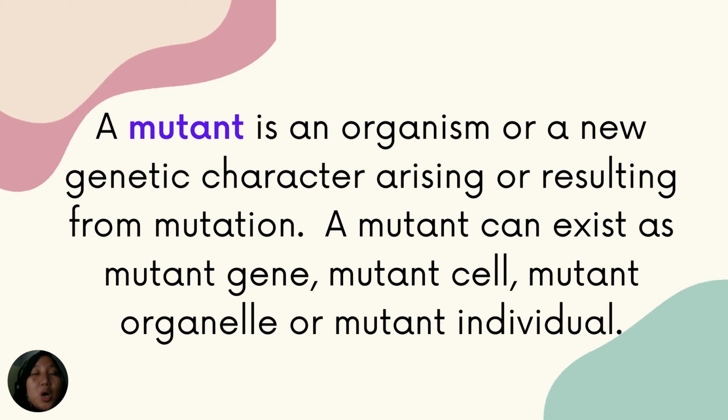What is a mutant? A mutant is an organism or new genetic character arising or resulting from a mutation. So when mutation occurs in DNA or genetic code, it will create a mutant. A mutant can exist as a mutant gene, mutant cell, mutant organelle, or mutant individual.